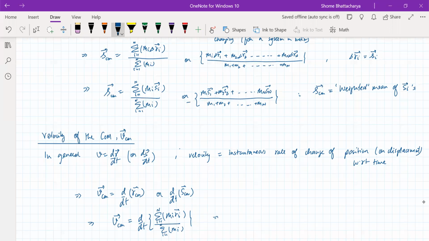Okay, so I'll write the result directly, but I want you to try and complete the steps yourself to understand that the velocity will become the weighted mean of mass into velocity divided by total mass.